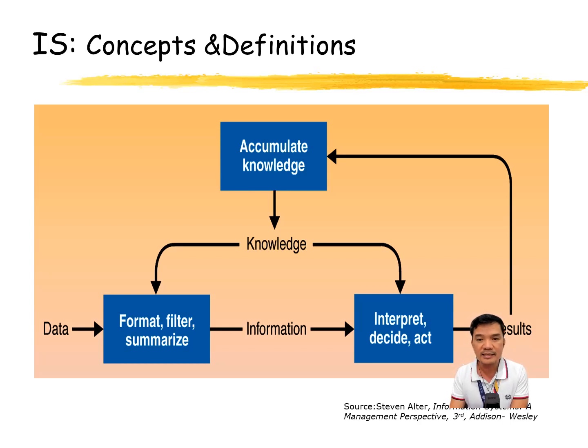From a systems thinking perspective, it loops back into the data: knowledge feeds into how we process and format our data collection, and also provides input to how we interpret, decide, and act on the information given. So we can see there is a loop in the concept of the information systems perspective.